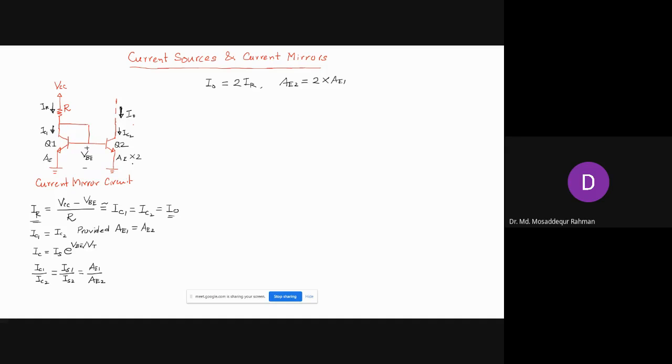If you want the current to be 4 times, you denote it by times 4. That means the size of this one will be 4 times the size of Q1, and the current will also be 4 times.